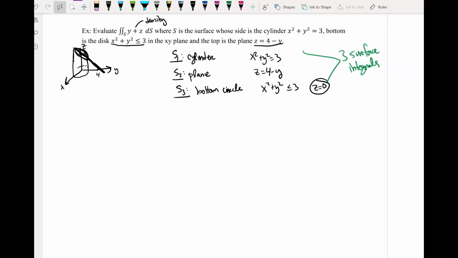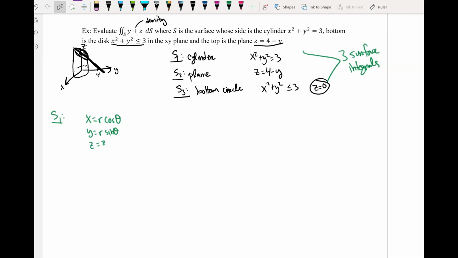The first thing is probably going to be the worst one, because we have to deal with this cylinder. If you remember how to parameterize this, we're going to use x equals r cosine theta, y equals r sine theta, and z equals z.